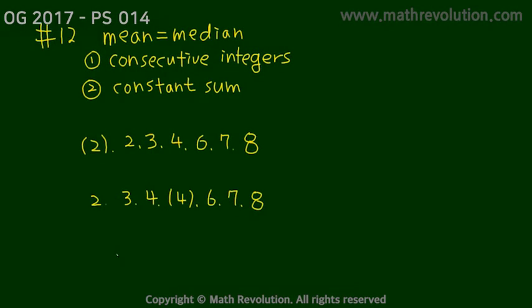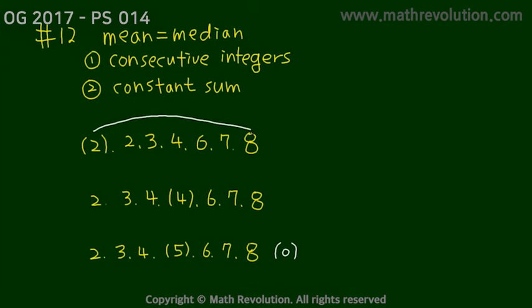And our last option is 5 cars. So 2, 3, 4, 5, 6, 7, and 8. Now, in our last option to start off with, these are consecutive integers, so this one is sufficient.